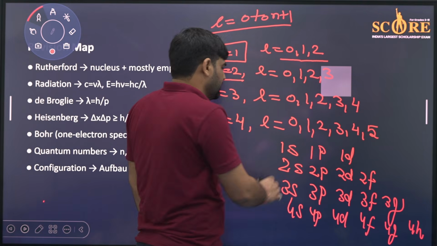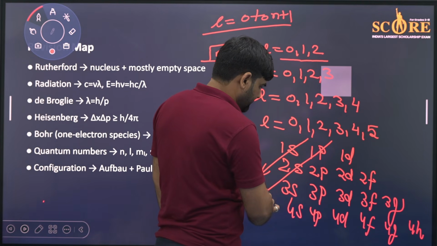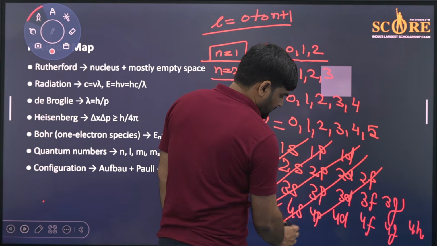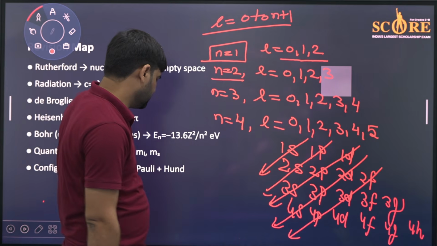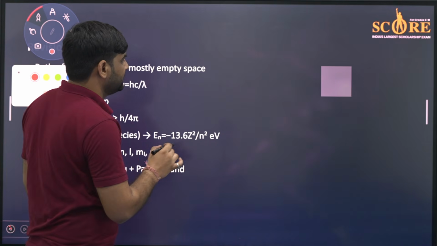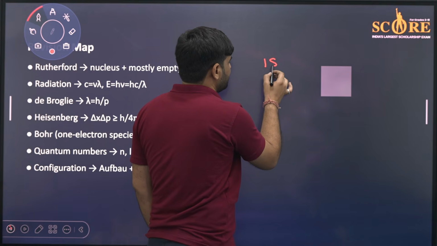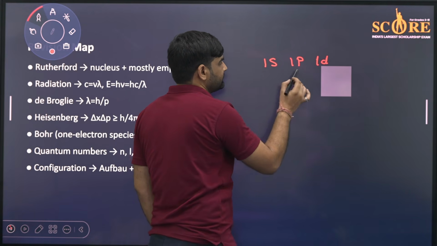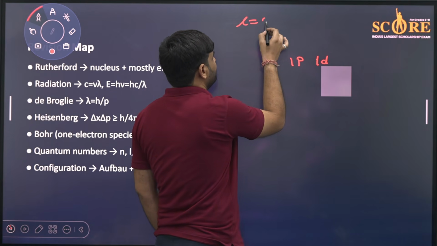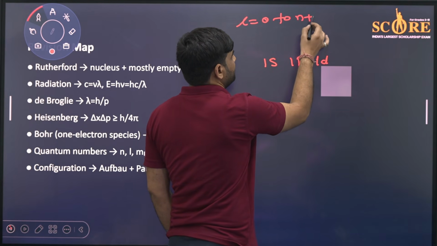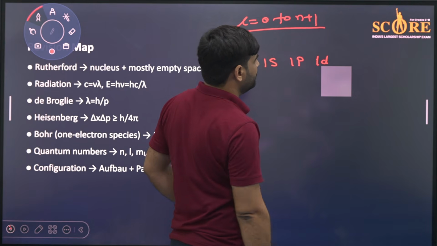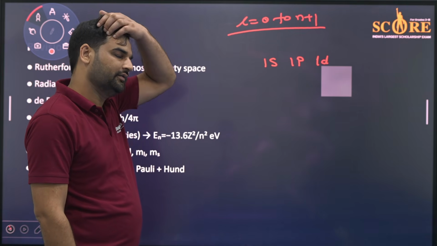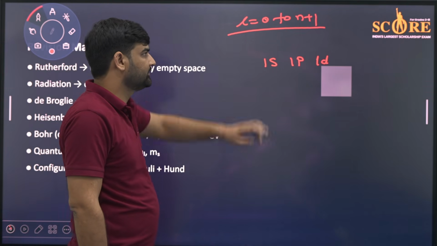Now the energy order will be decided by this path. So we can write the energy order, that is 1s, 1p, 1d, because L was 0 to n plus 1. If we write n equals 1, then this will be this.